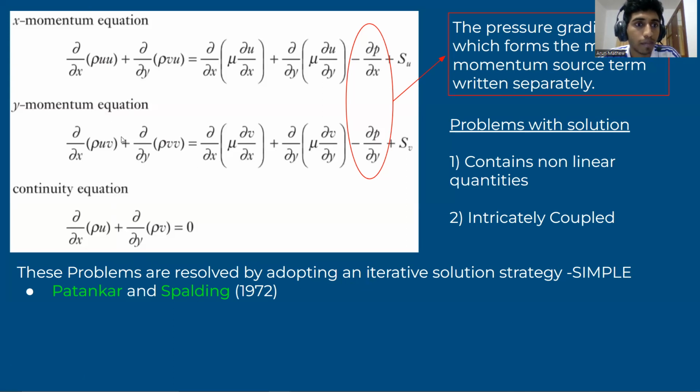You can see u appearing in all the equations and the continuity equation, v appearing in all the equations and the continuity equation, and we don't have a separate governing equation for pressure, so we can't solve these equations directly. So these guys came up with an algorithm to solve this problem by adopting an iterative strategy.